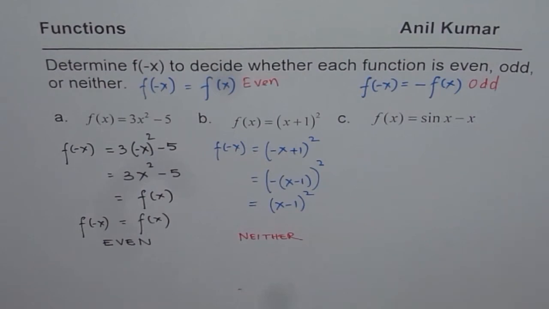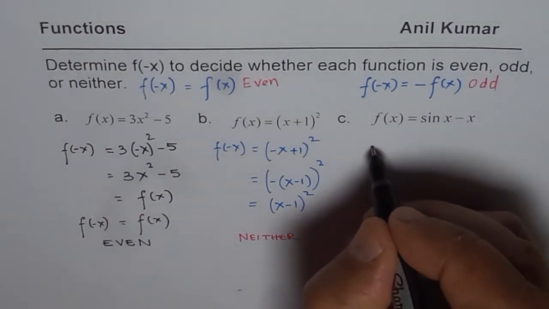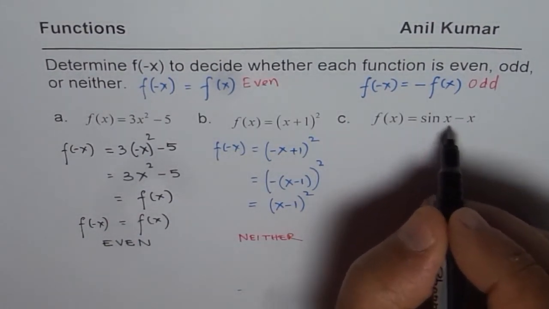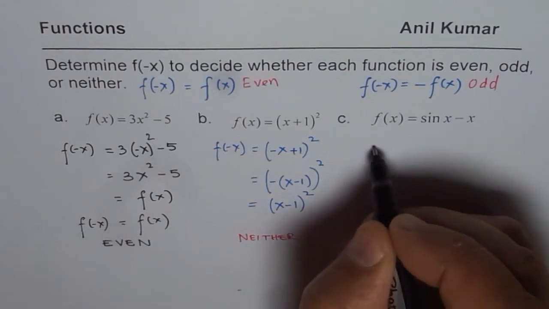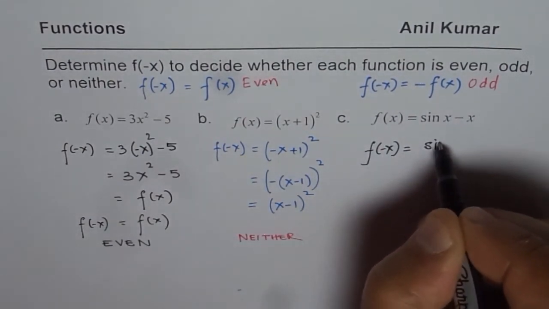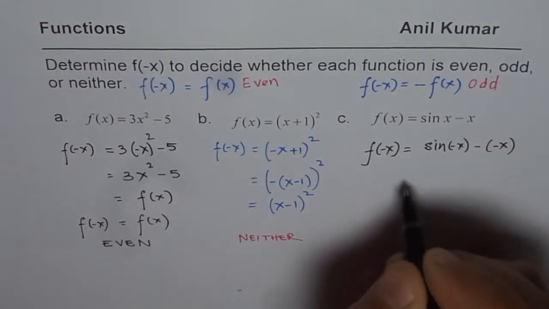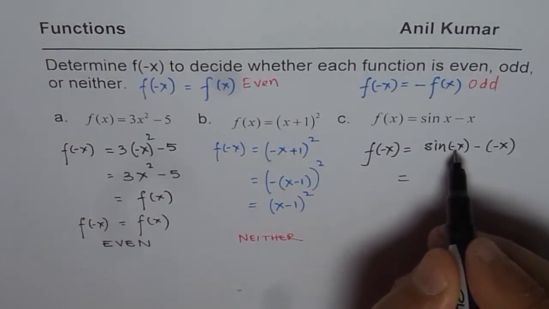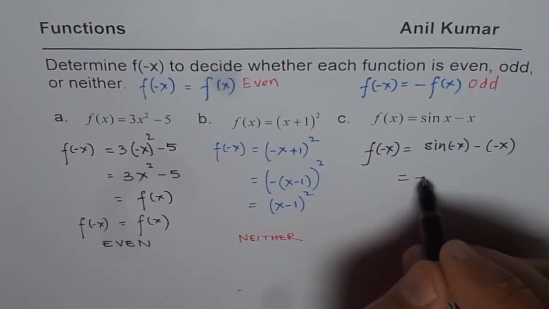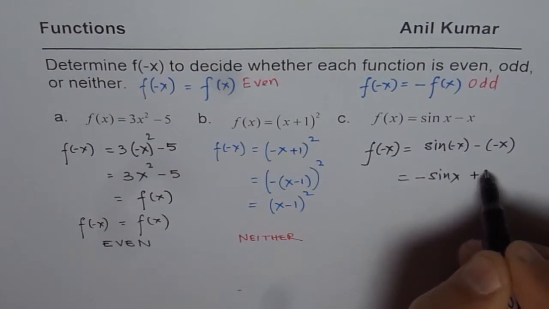The last function before us is a sinusoidal function, f of x equals sin x minus x. So it is a sinusoidal function taking away a linear function. Let's see. F of minus x in this case should be sine of minus x minus of minus x. Now sine of minus x is minus sine x. So we could write this as minus sine x, minus and minus makes it plus.